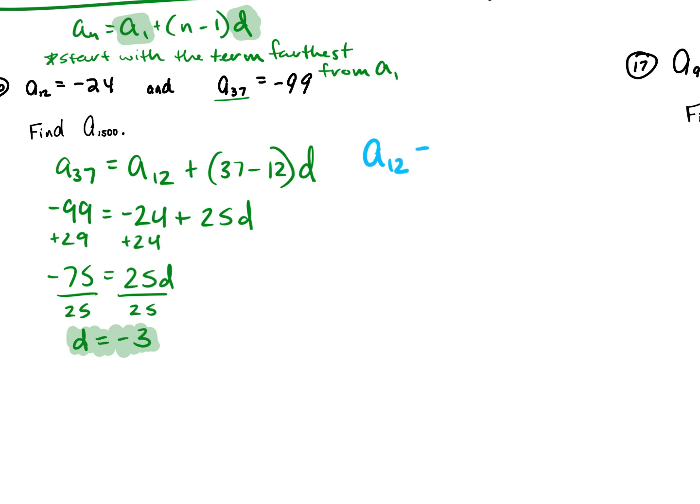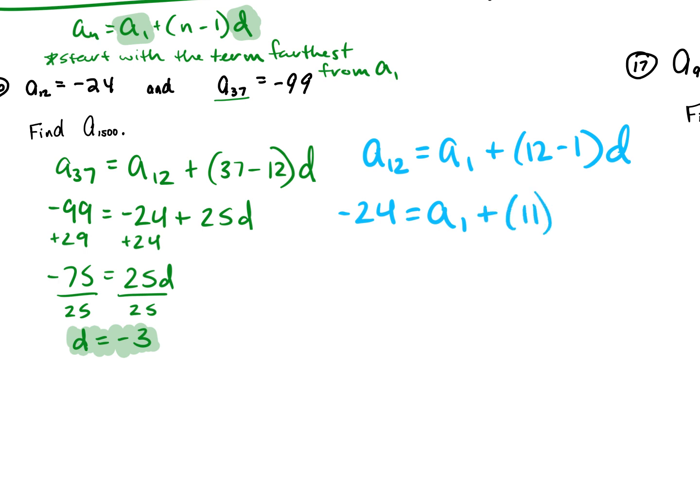So a sub 12 is equal to a sub 1 plus, what's going to go into the parentheses now? 12 minus 1 times d. And what's d? Negative 3. So a sub 12, negative 24, is equal to, we don't know what a sub 1 is yet, plus 12 minus 1 is 11 times negative 3.